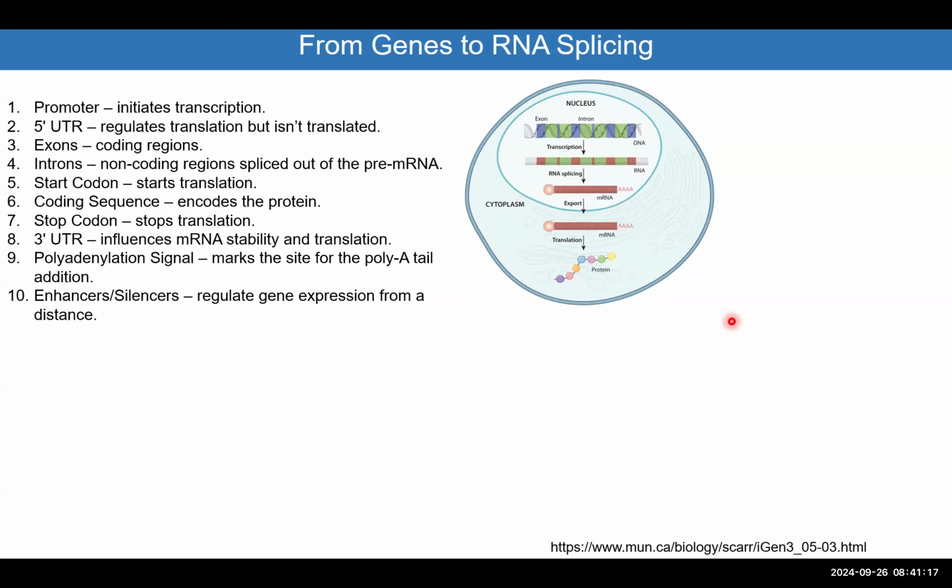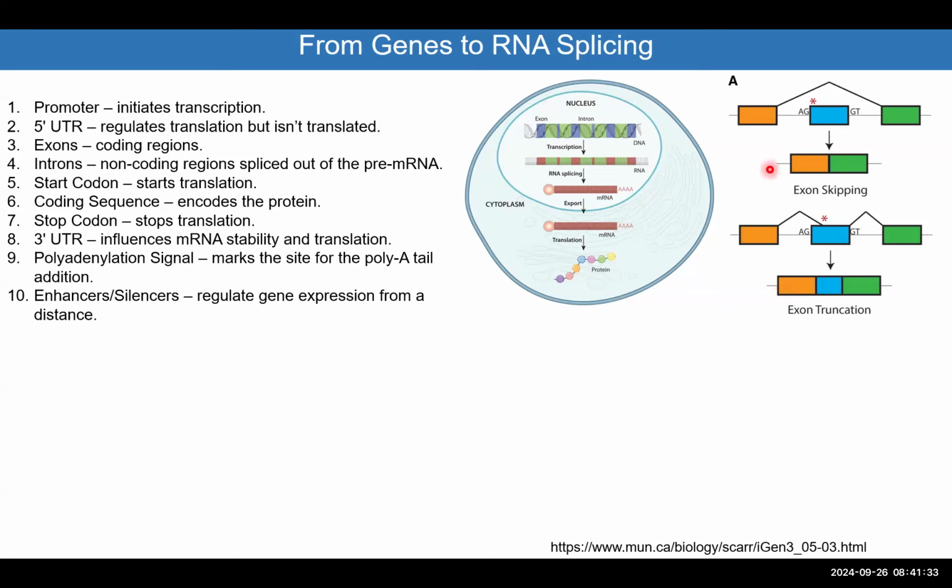Okay, now for the process of gene transcription, once we have the RNA transcribed, it could be spliced in different ways. So here are like two scenarios for you in terms of the RNA splicing. So we have here exon 1, orange, exon 2 in blue, exon 3 in green.